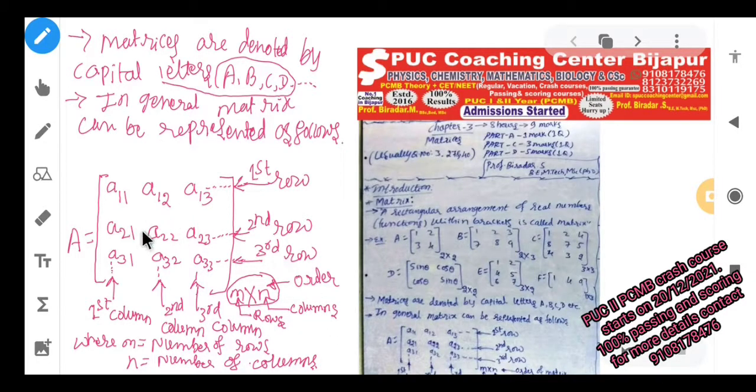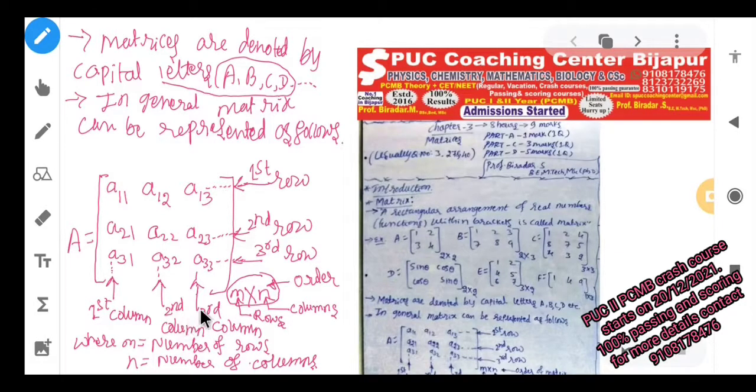I hope everybody understood the row arrangements as well as the column arrangements. Then how we denote the elements lying in the first row, first column, first row, second column, first row, third column, and so on. This is generally what we call the order of a matrix, that is m by n.